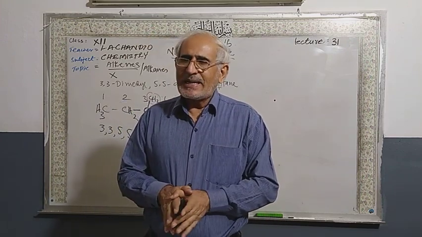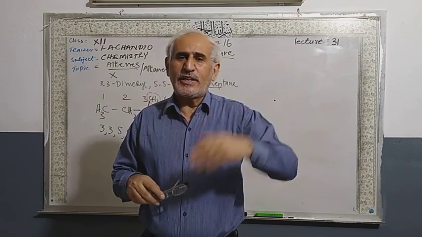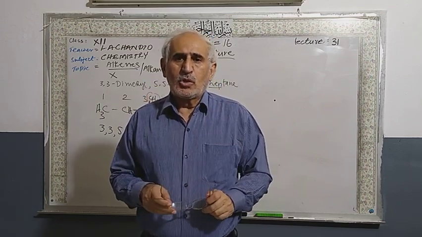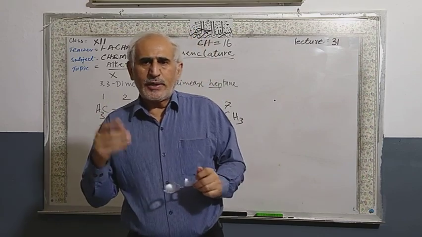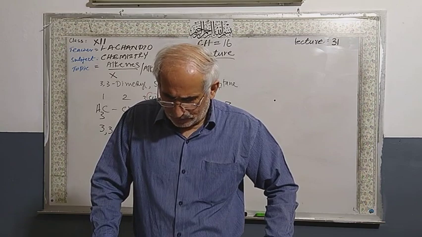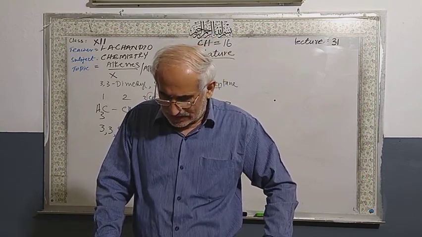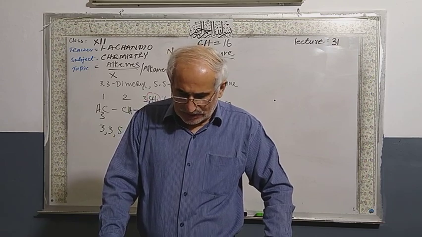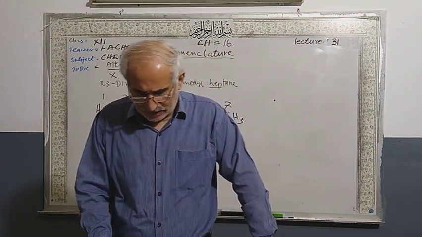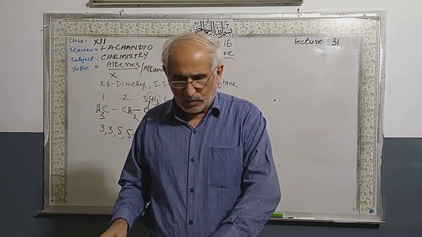So alkanes are called paraffins, with less affinity for chemical reactions due to the non-polarity and due to the sigma bond present. Unreactivity: paraffins are not going to react with acids and oxidizing agents under normal conditions. Because, I told you, the carbon-hydrogen and carbon-carbon bonds are non-polar and the sigma bond is there.